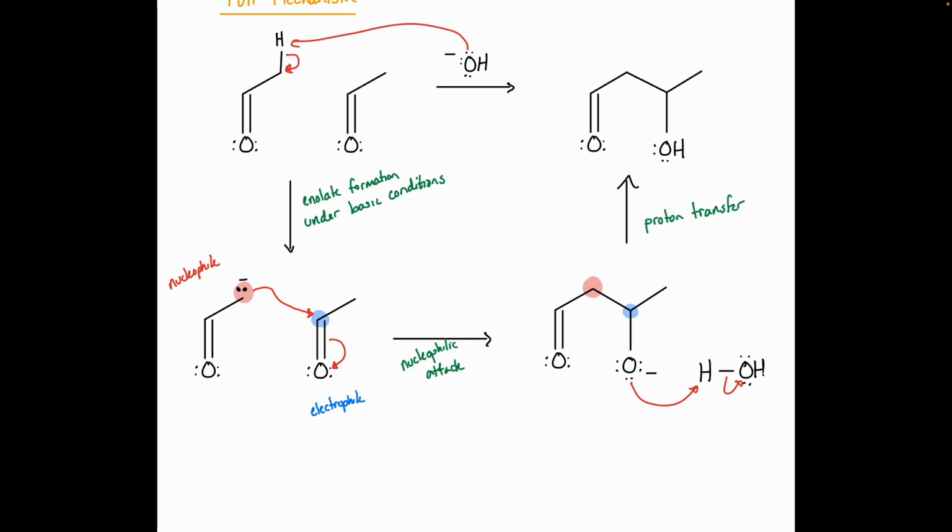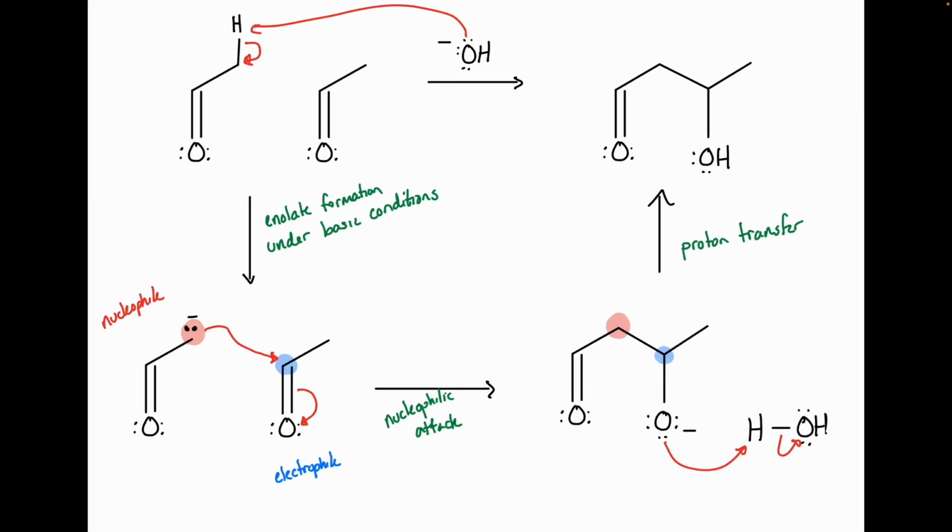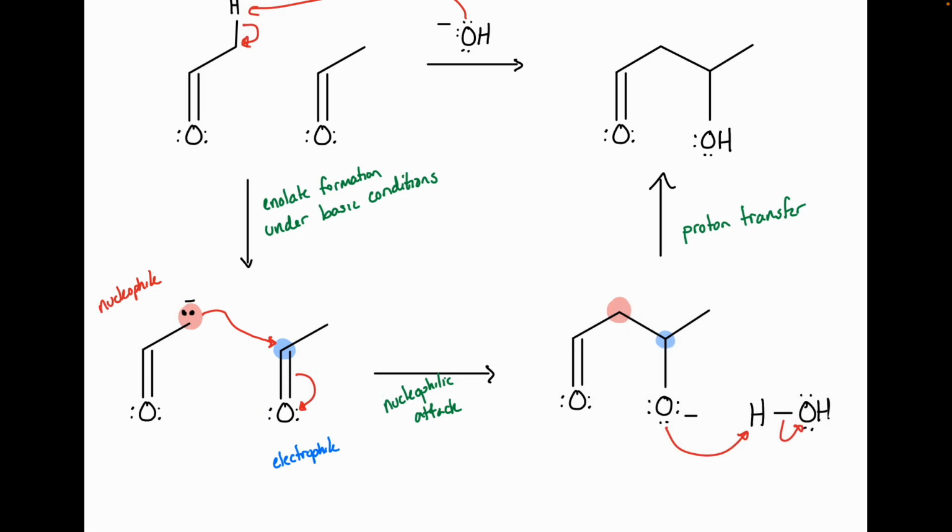The important thing to note here, when we're drawing our products, is that it is the alpha carbon of one molecule that has formed a new bond with the carbonyl carbon of its neighbor.